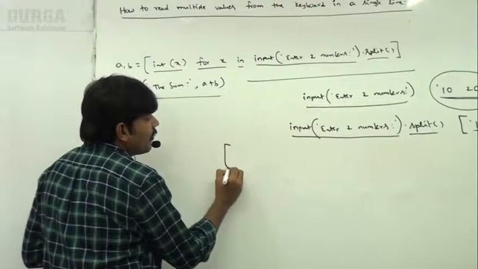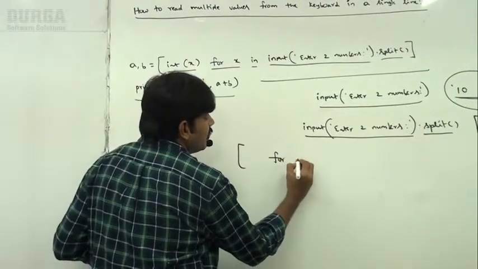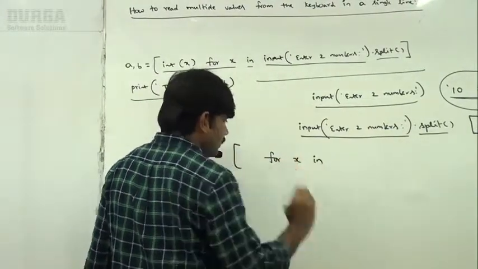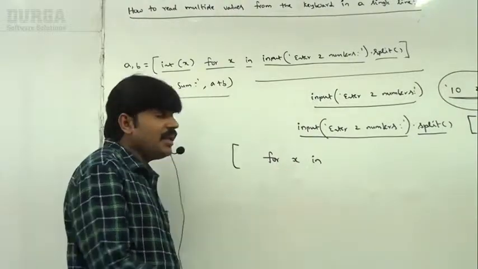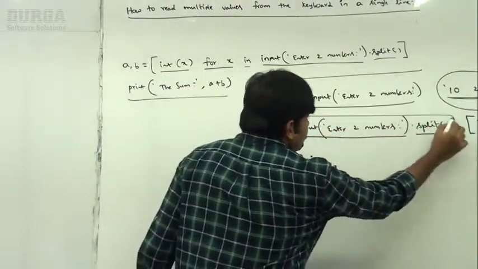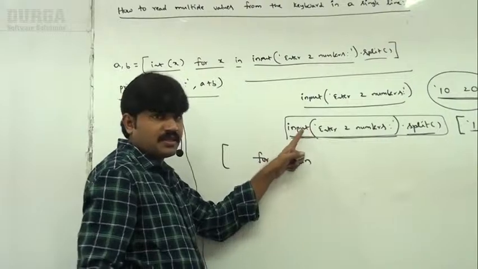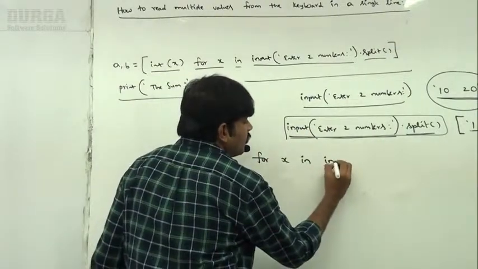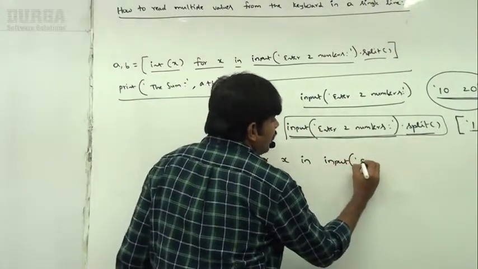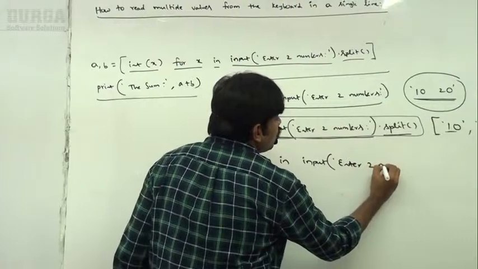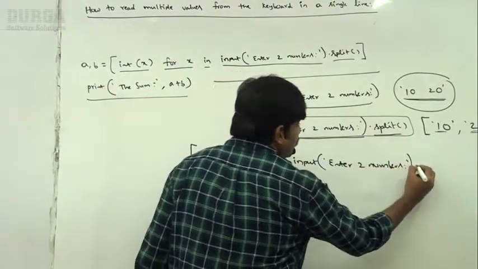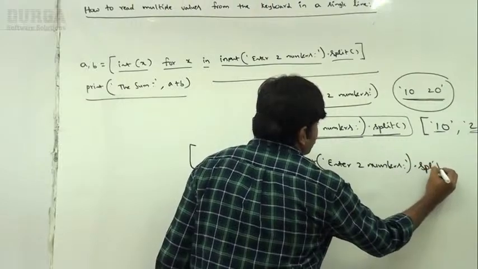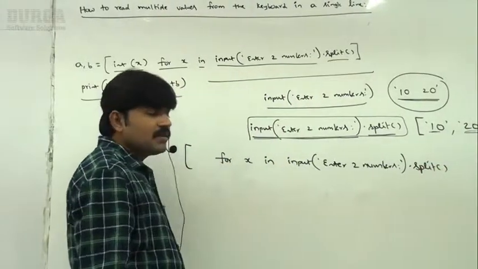So here: int of x for each x in this list. Now, input of "Enter two numbers" dot split.